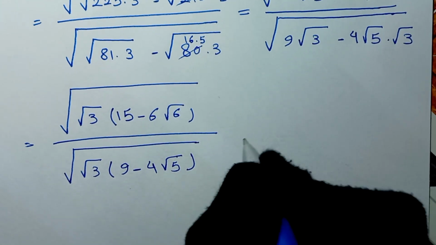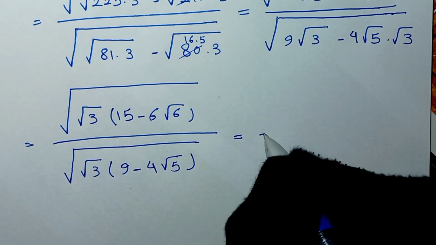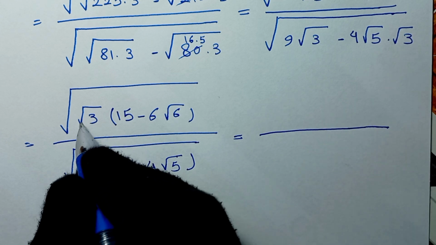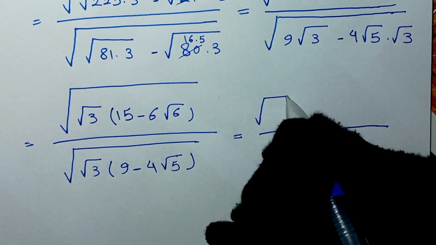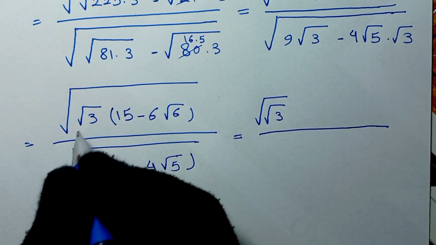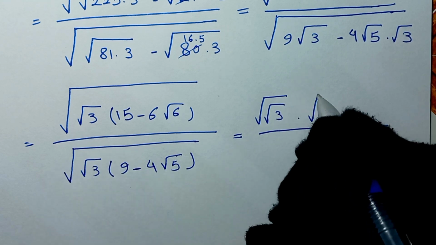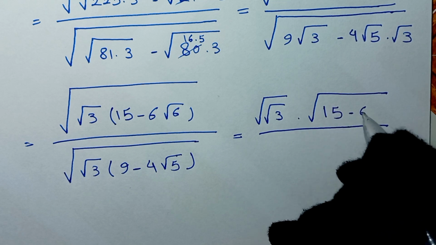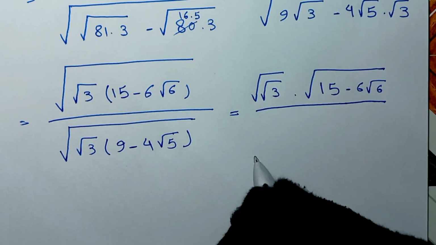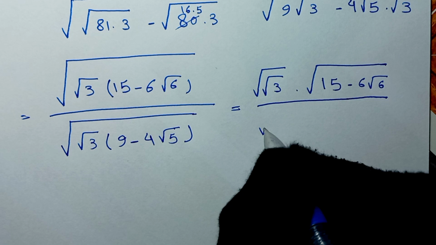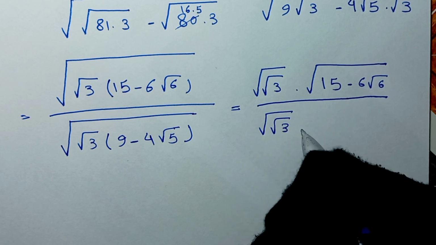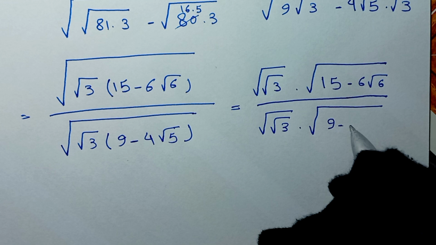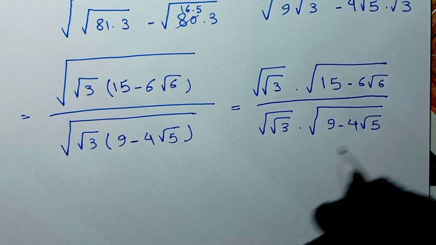And this is equal to, in here we can write this as a square root of 3 times 15 minus 6 square root of 6. And for denominator, we can write this as a square root of 3 times 9 minus 4 square root of 5.